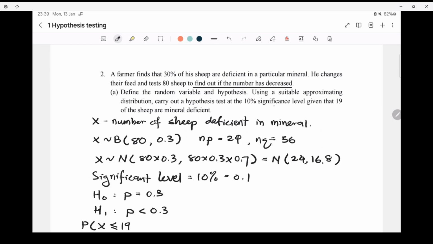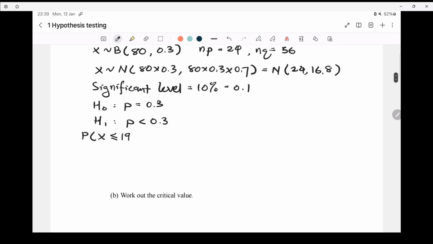So carry out the 10% significant level, and you have 19 ships. So that's why I wrote here P(X ≤ 19). And you need to approximate using normal distribution. So because of the equal sign, you need to use 19.5 instead of 19.